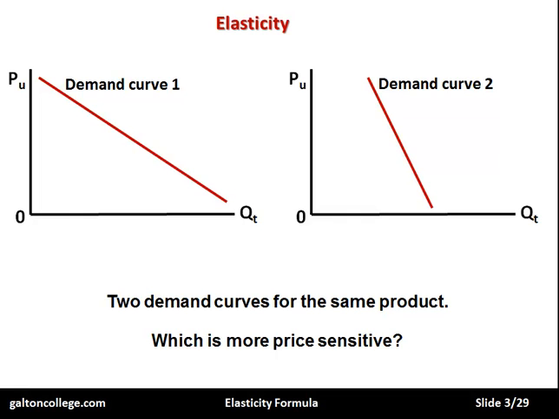Now clearly it looks like the curve on the left hand side is more sensitive, because if the price drops by some small amount, the quantity demanded will vary significantly. On the diagram on the right side, if the price drops by the same amount, the demand will not vary a lot. So it looks like demand curve 1 is more sensitive to price changes than demand curve 2.